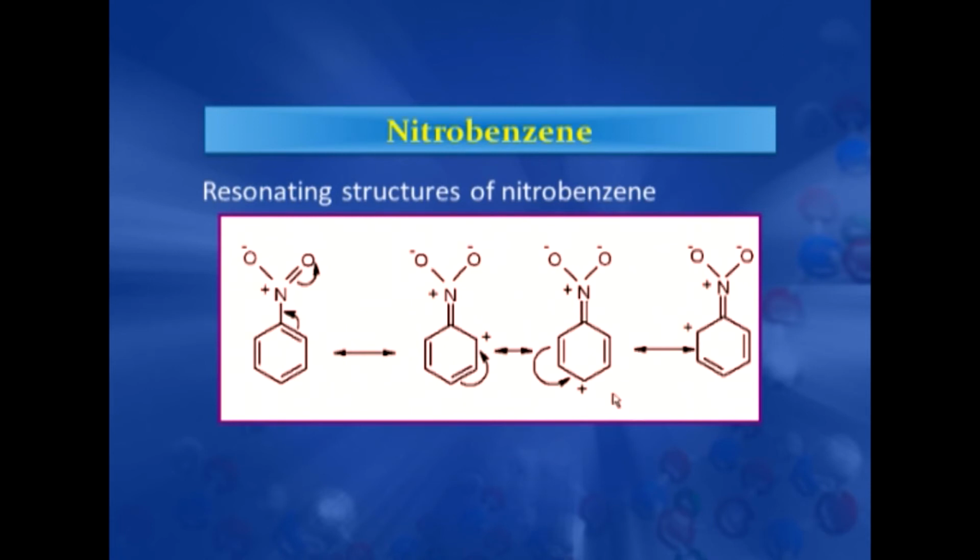So, ortho and para positions are more deficient in electrons. That is why the attack here will take place on the meta position, which is unaffected here. There is no electron addition or electron withdrawal at the meta.